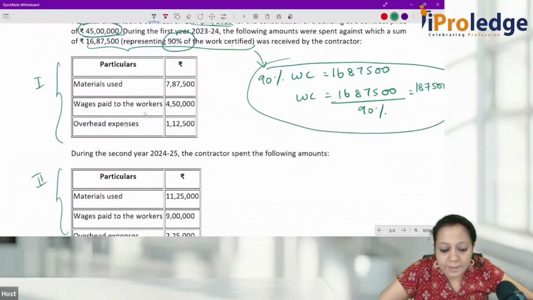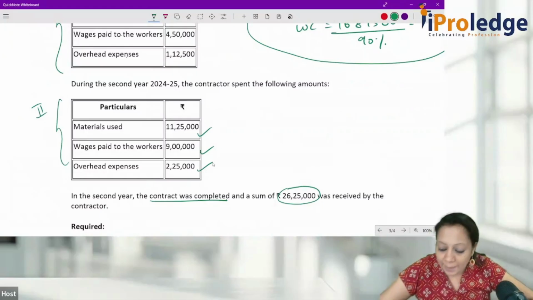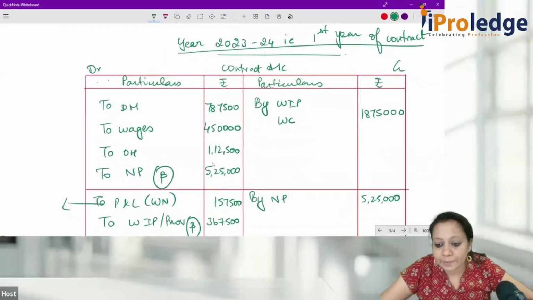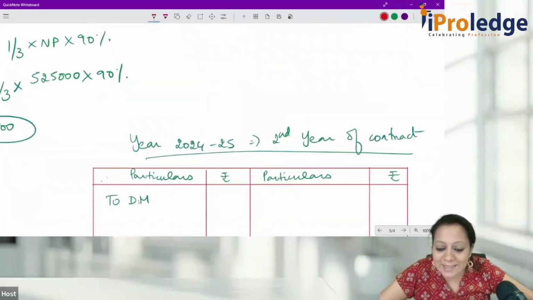So to direct material, I will use all these three amounts which are for the second year. Before that, as I already told you, this is also WIP, so both we should take to the next year. It will be completed in the next year.